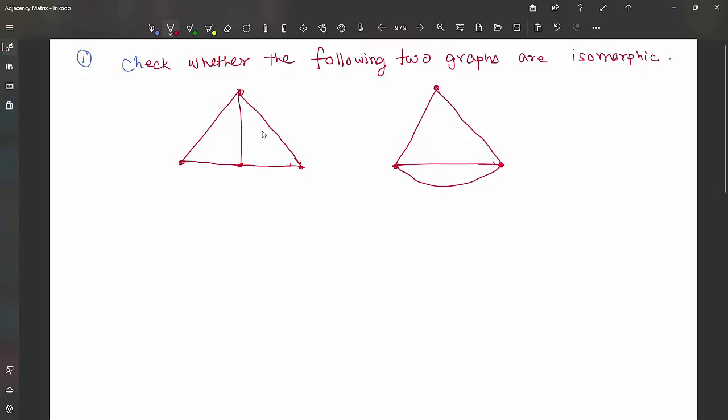Check whether the following graphs are isomorphic or not. So first, if you take it as an algorithm, number one: is the number of vertices the same in both graphs?